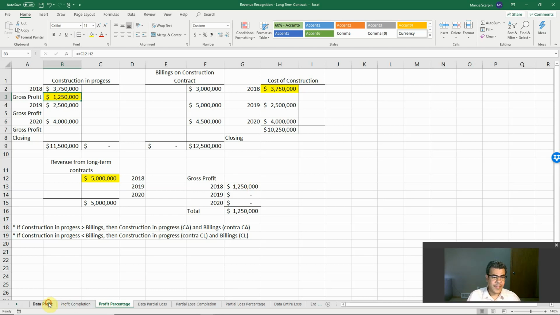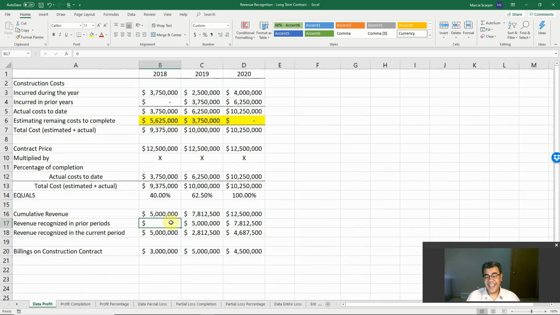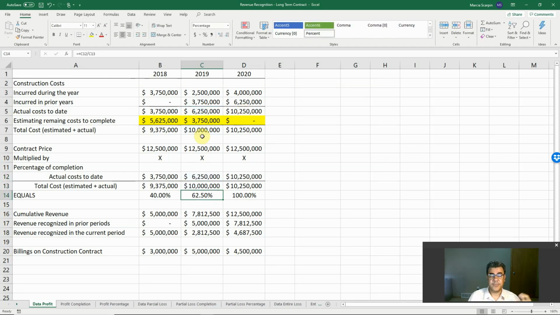What about 2019? 2019 is a little bit different because we work with cumulative numbers. The actual cost is 2.5 plus 3.7, $6.2 million. That is our cost combined. Our total cost now is 10.